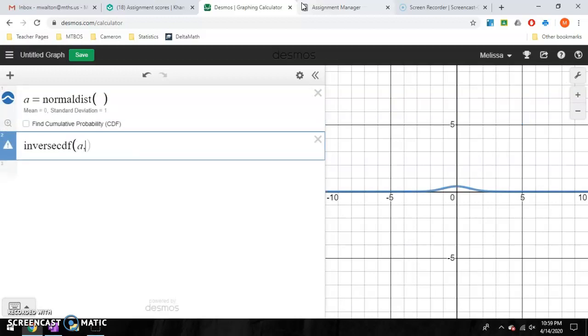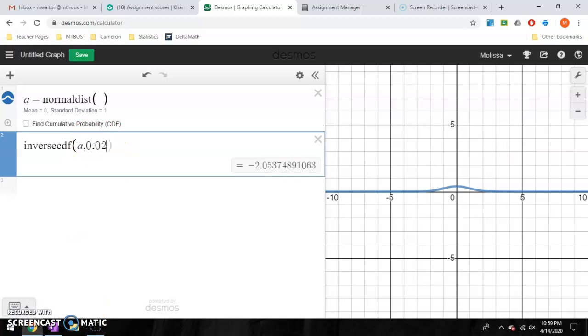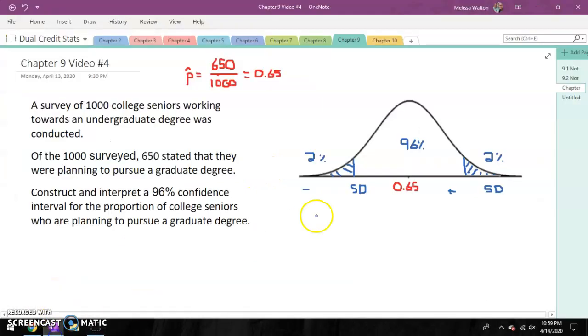A is my normal distribution, and we wanted 2%, so 0.02. This is going to be negative 2.05 standard deviations below. Because this is symmetric, there's going to be positive 2.05 standard deviations in this direction.